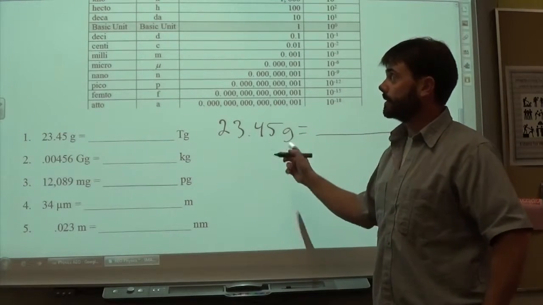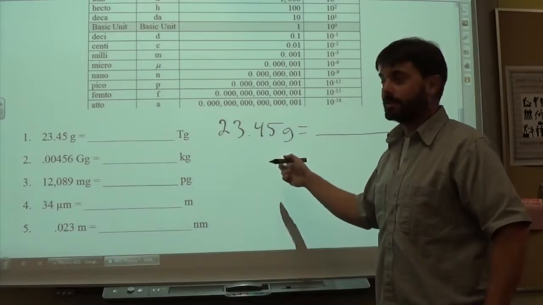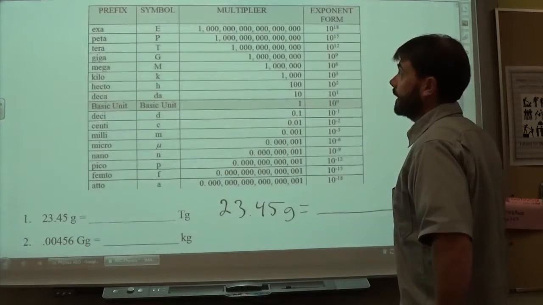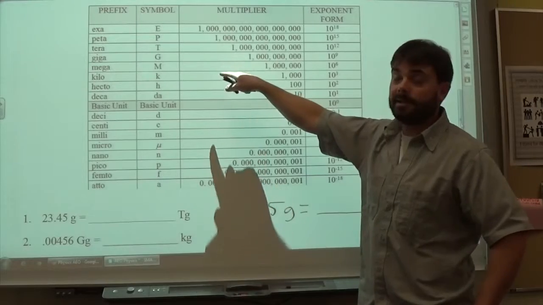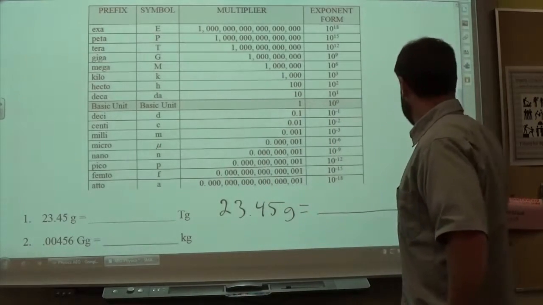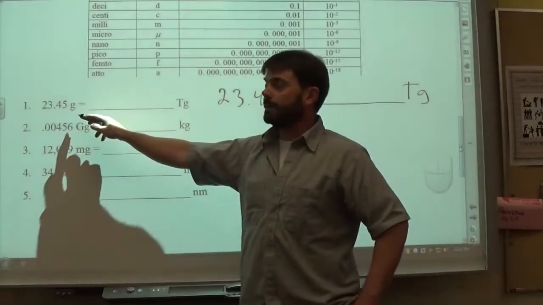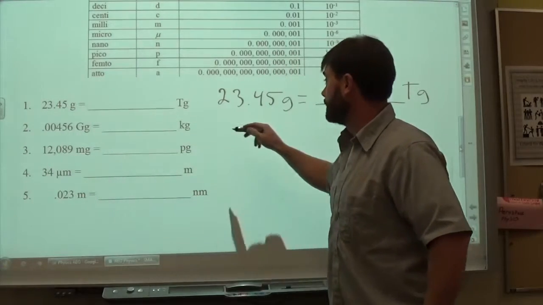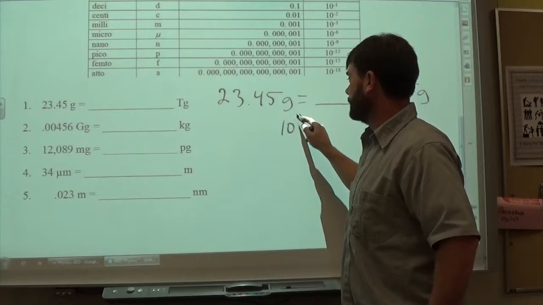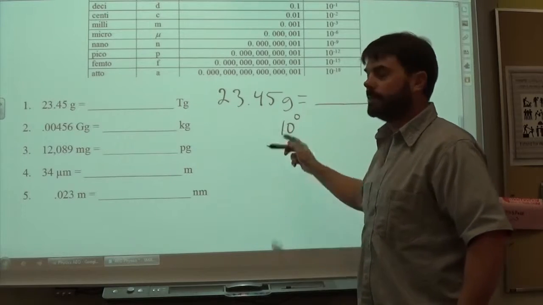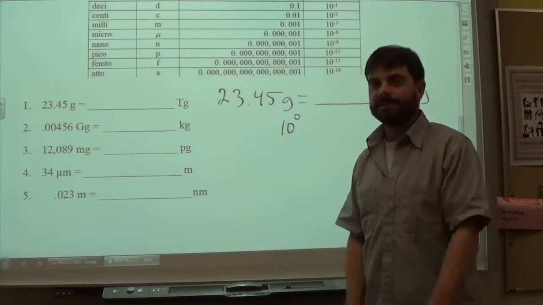And the reason I know it's a base unit, this isn't a giga or anything like that. There's giga and everything else on here. That's a capital G. This is lowercase g. If you just have one letter and it's by itself, it's always the base. The base unit has a multiplier of 1, which means that the exponent is 0.